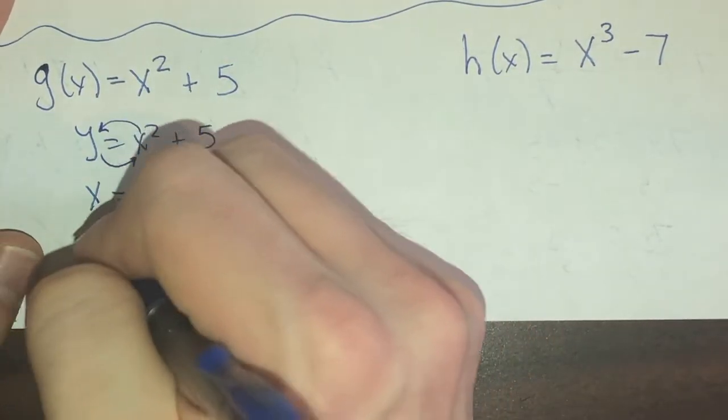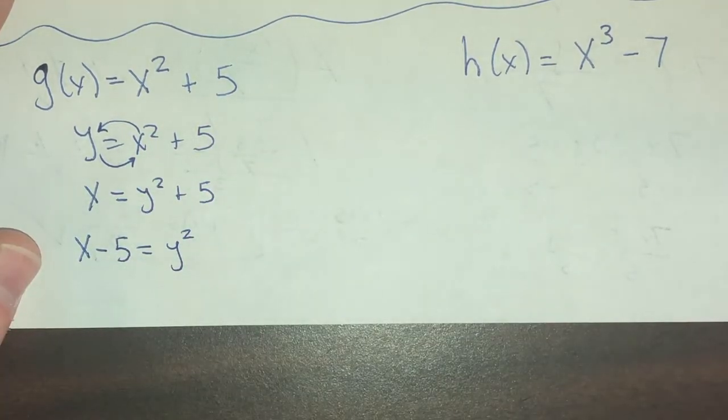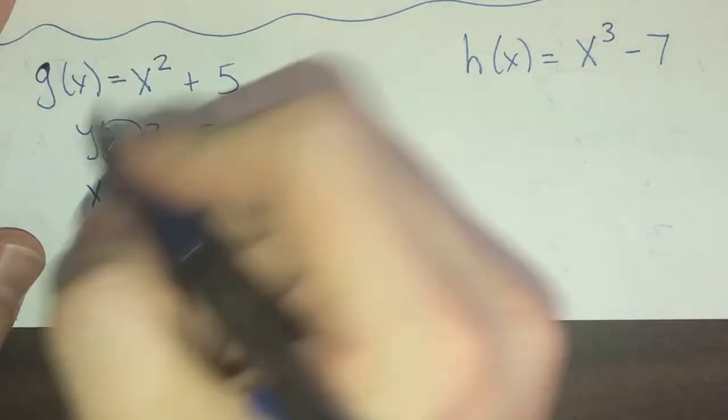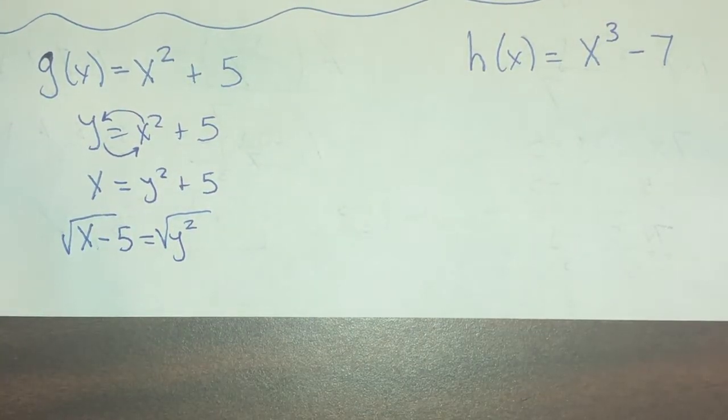Now I'm going to move the 5 over. And how do we undo a square? Well, in this case, we're going to square root. Now, usually when we square root, we say, all right, it's plus or minus. But again, in this case, it's not plus or minus. Because how many outputs can one input of a function have? It can only have one.